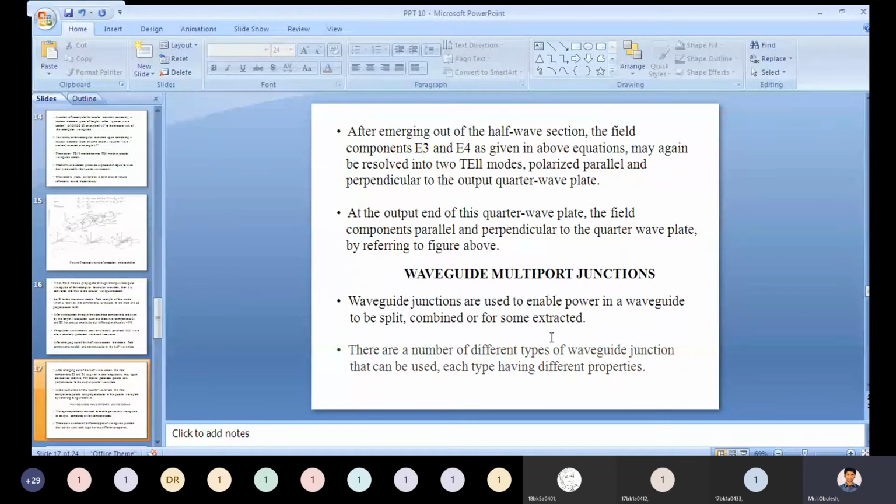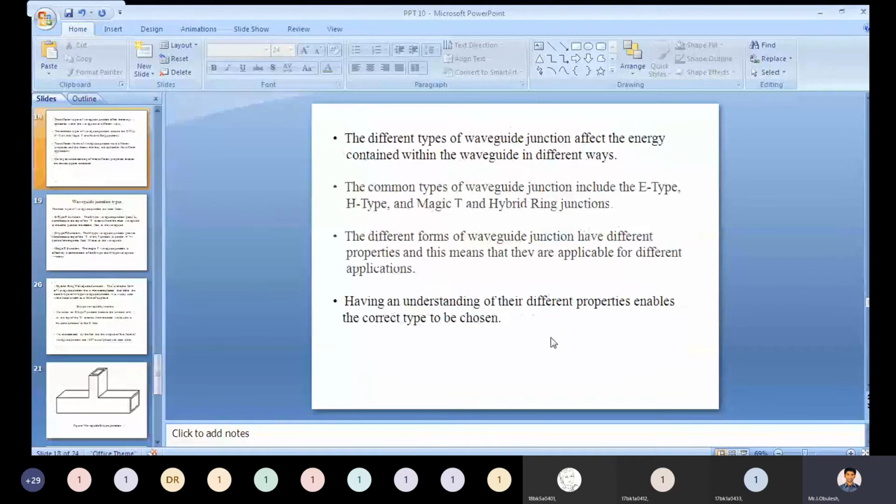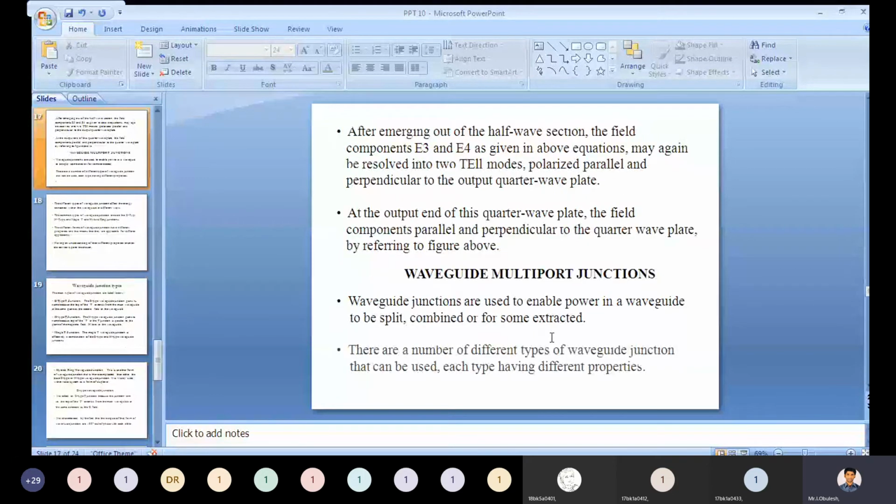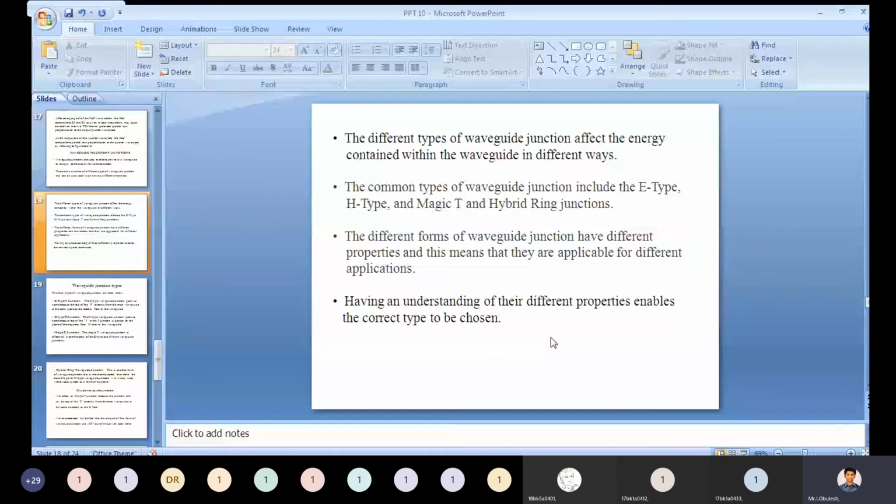There are a number of different types of waveguide junction that can be used, each type having different properties.